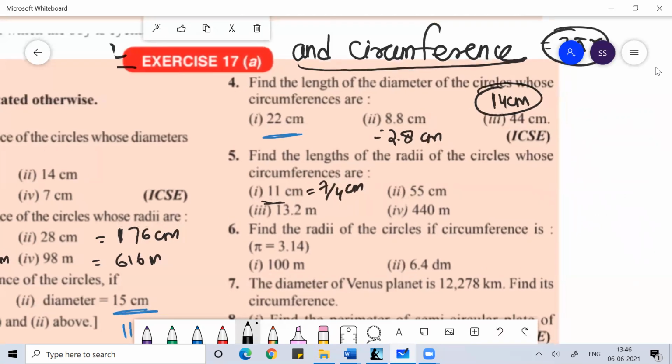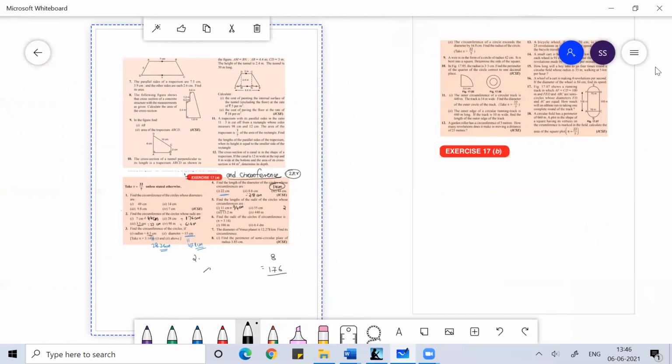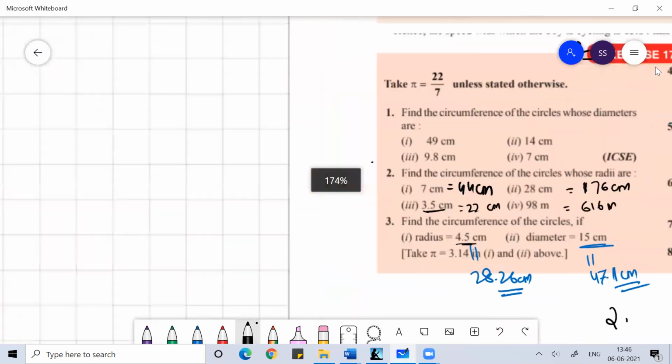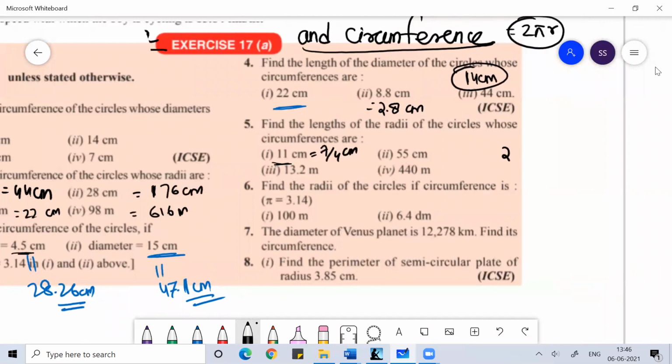One minute. So 2 pi is 22 by 7 into r is 55. So this is 11 twos, 11 fives.